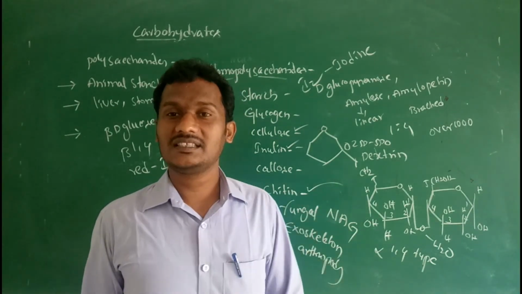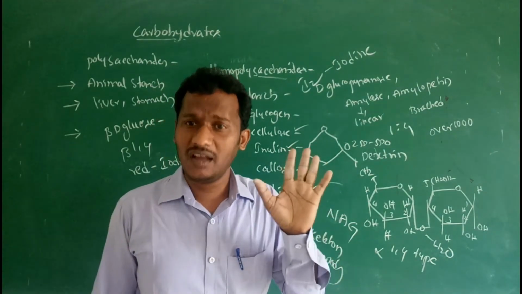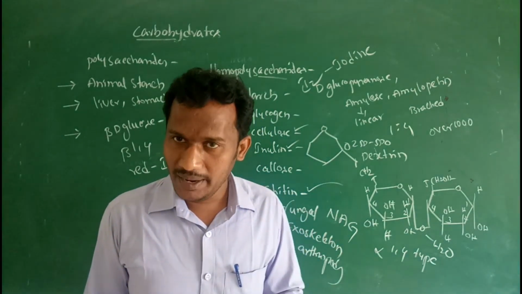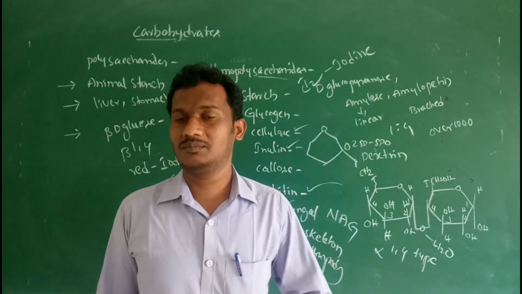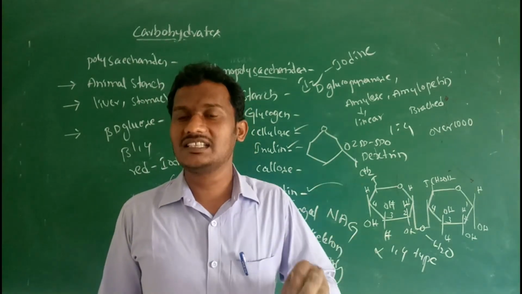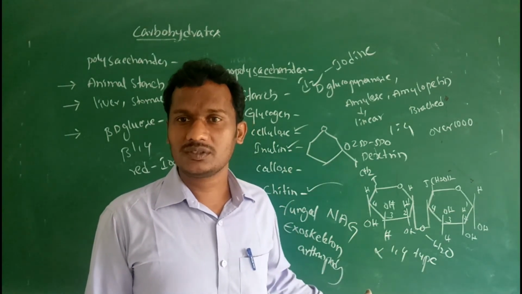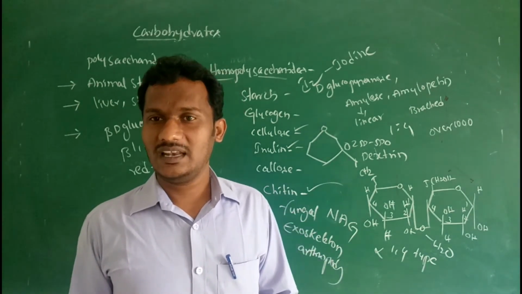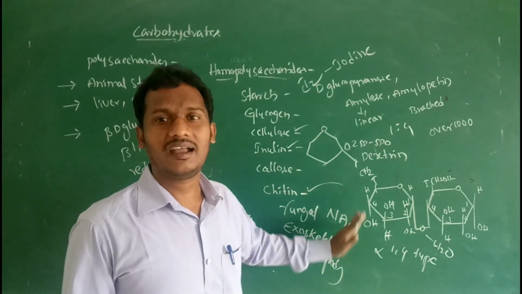N-acetyl glucosamine is a modified, nitrogen containing sugar. So chitin contains the same type of monosaccharides, but modified monosaccharides. So it is a homopolymer: the fungal cell wall and the exoskeleton of invertebrates and arthropods are chitin.